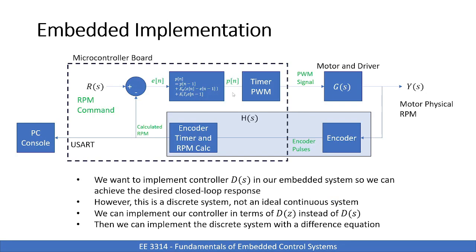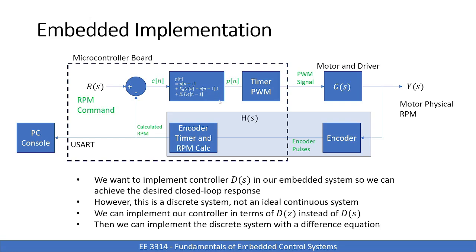Okay, so now instead of a Laplace representation of that controller in our microcontroller, which we can't really implement, we have something we can implement in the discrete domain. If we write out that difference equation, again, this is what that looks like.